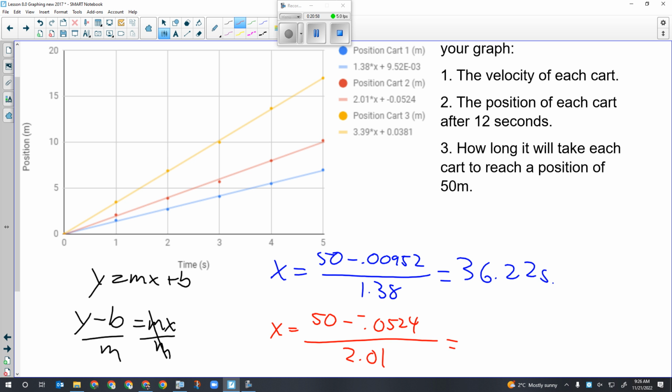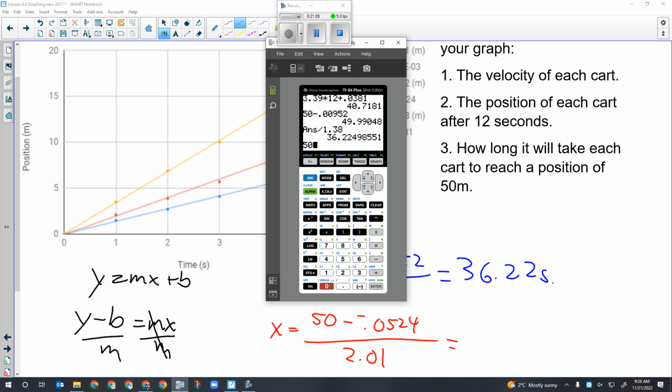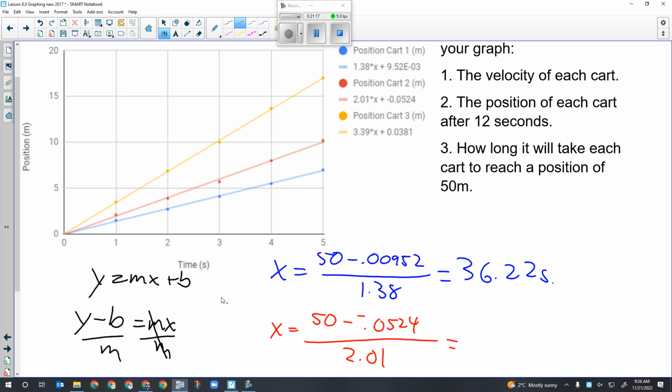Should that be a bigger number or a smaller number? It should be smaller. This is a faster cart. It should take less time to reach a position of 50 meters. Okay, so 50 minus negative 0.0524 divided by 2.01. Okay, so we got 24.9 seconds, which is smaller.